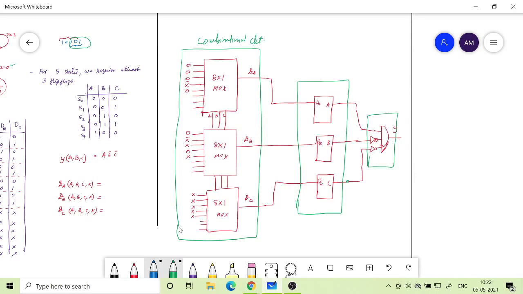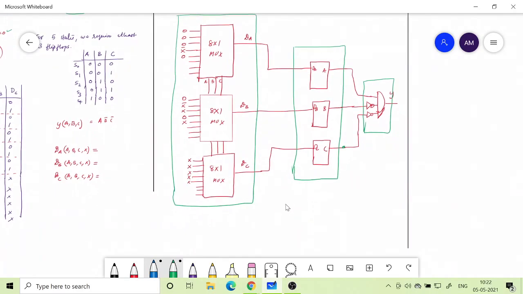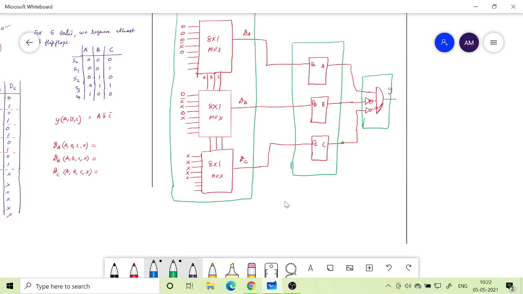Okay, so let me show that. These three I will have to give as input.